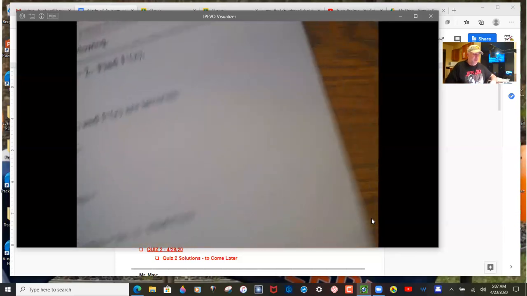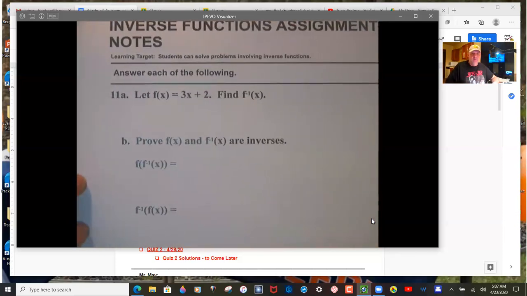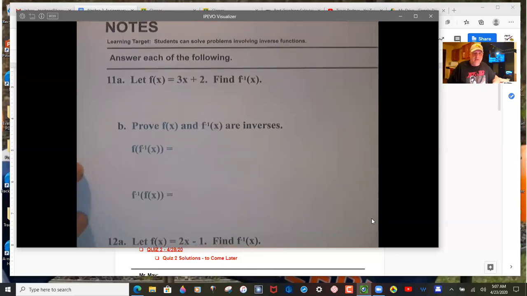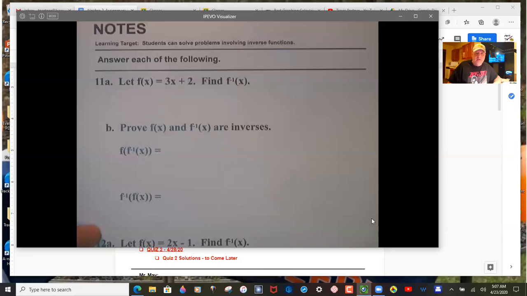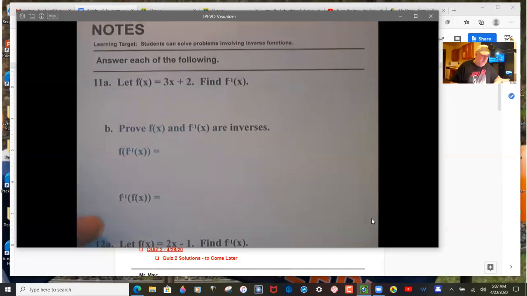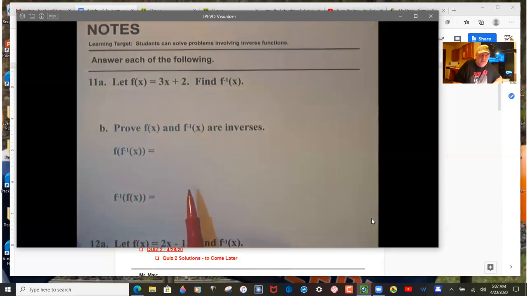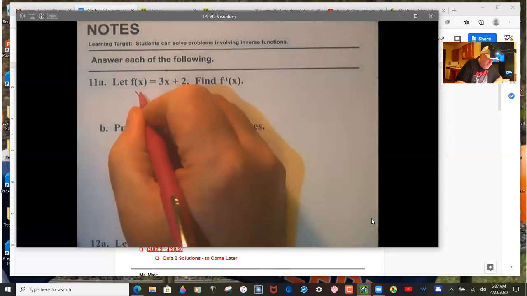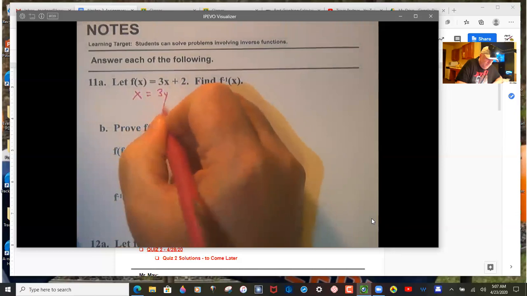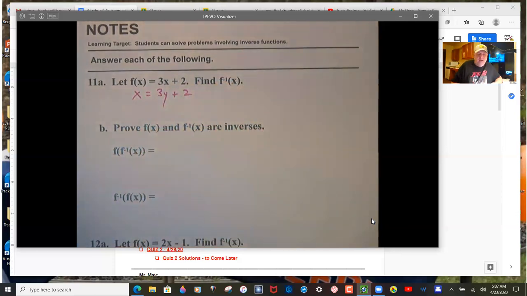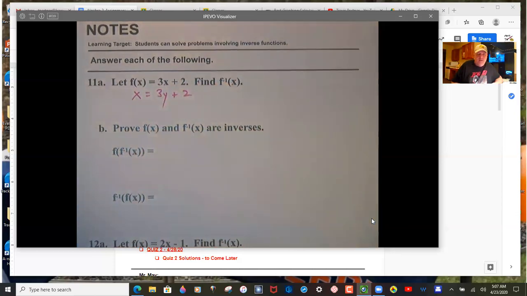And if there's any where you'll struggle a little bit, might be on these last 4. So this is where it gets to be a little bit of work as far as the algebra goes. So you have to think of this as y equals 3x plus 2. So we're going to switch around the x and the y, and we're going to solve for y.